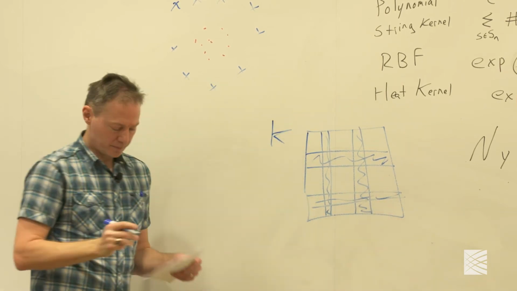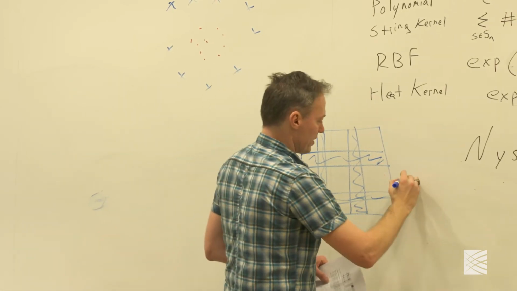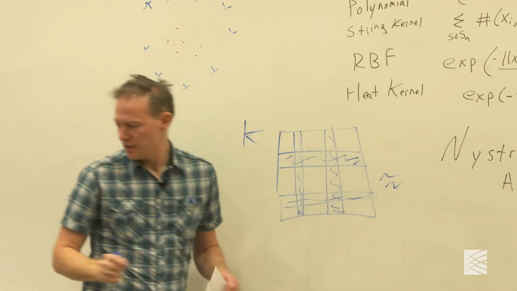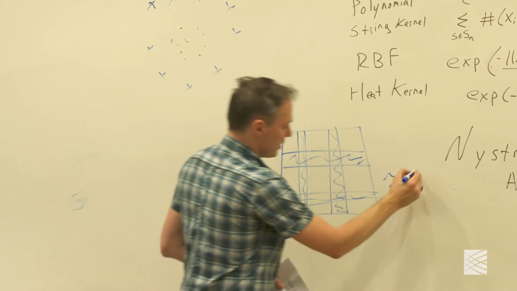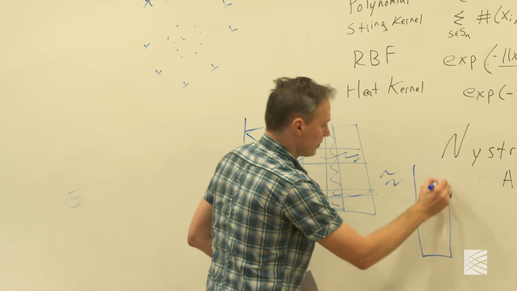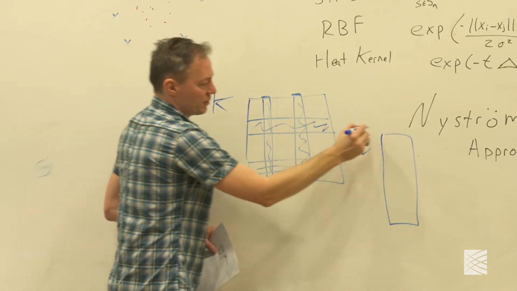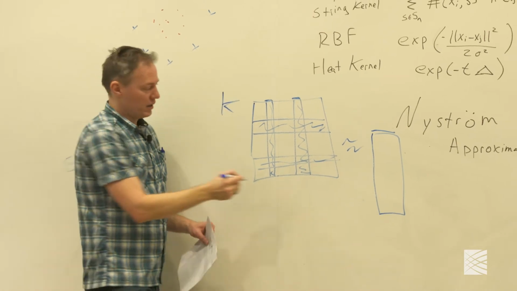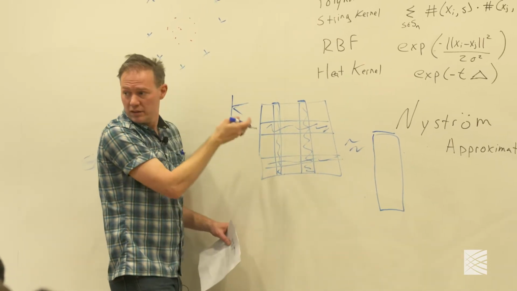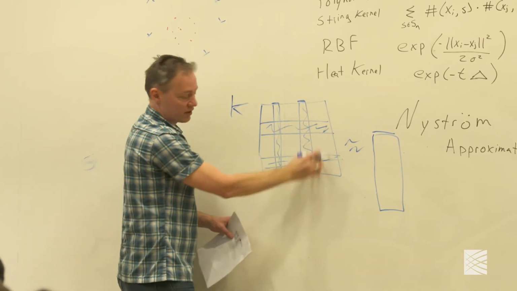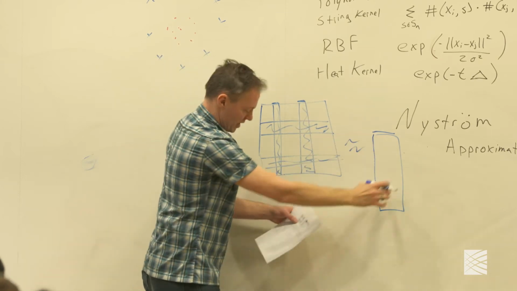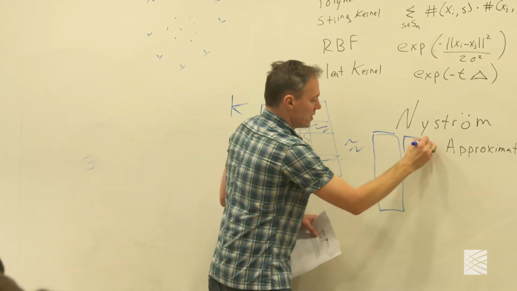This kernel is approximately the same as, so I'm just taking these parts and stacking them there. And this is all the data, right? So it's this column and this column, or these columns stacked, times the core.